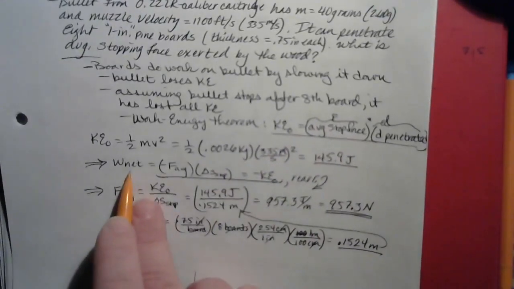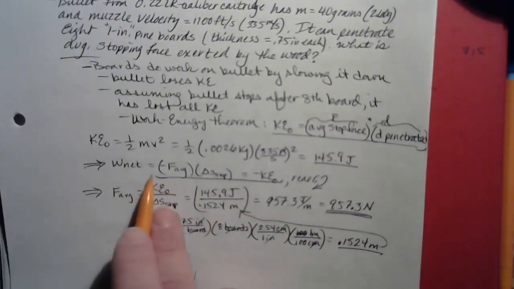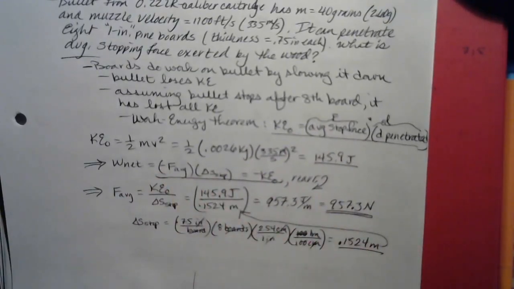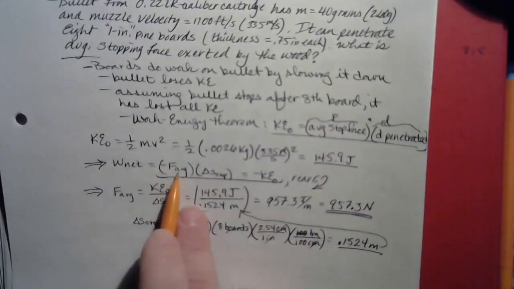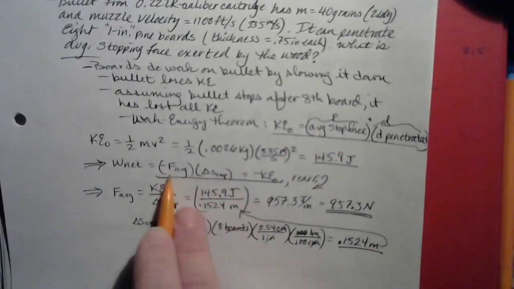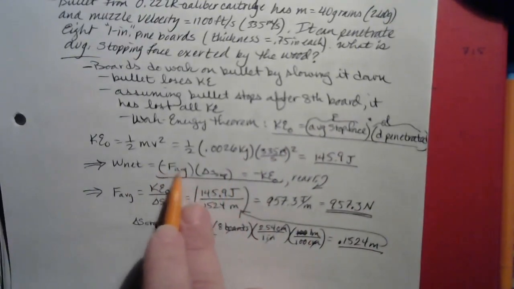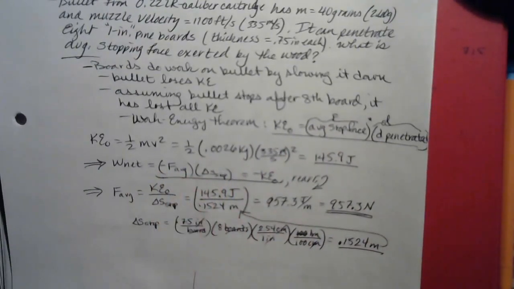So the net work is, again, force times distance. In this case, the net work that's being done on the bullet would be negative. So it's negative force times distance. In this case, we're using the average stopping force of the boards because the stopping force may differ a little bit as you keep going through the wood.